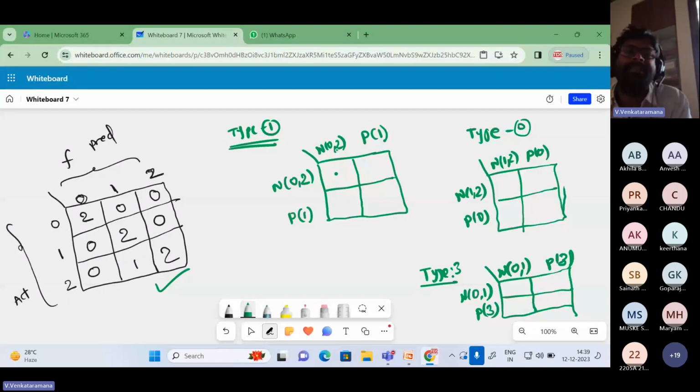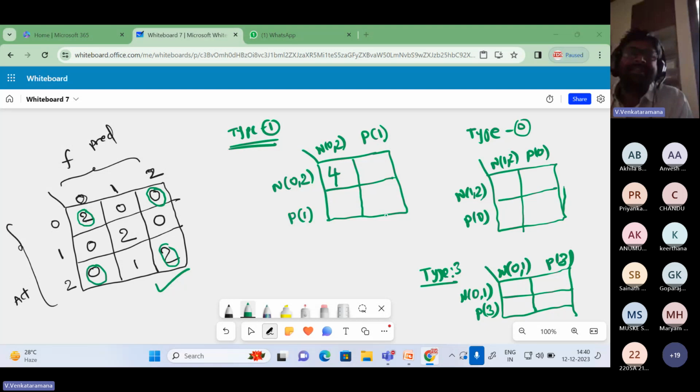How many samples are there here? 0, 0 samples are 2. 0, 2 samples are 0. 2, 0 samples are 0. And 2, 2 samples are 2. So 2 plus 0 plus 0 plus 2, the total number of samples is 4. Hope you understand. Right?